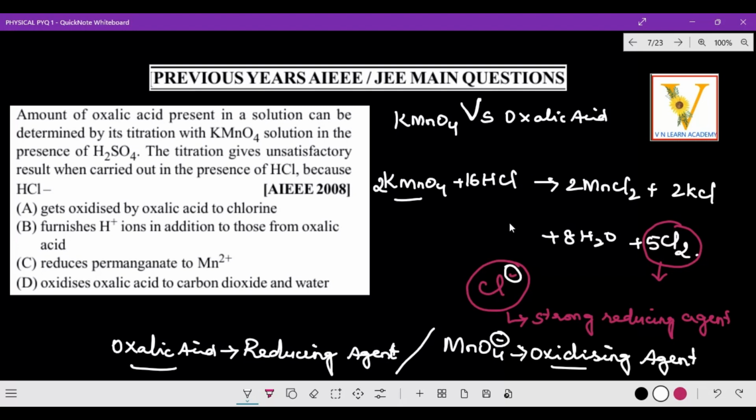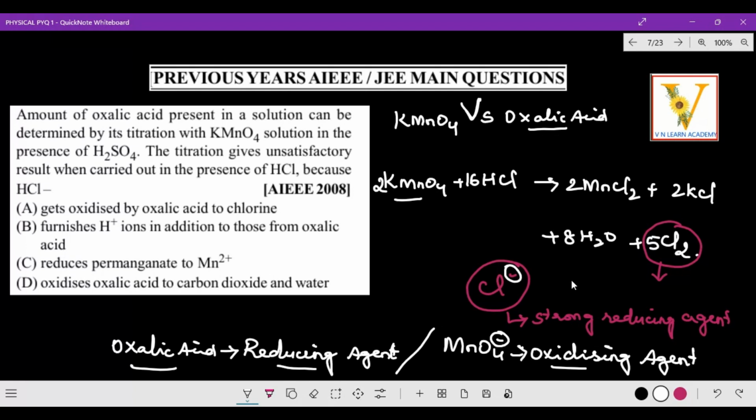Suppose you are using HCl, in that the Cl minus ion acts as a strong reducing agent. Of course, MnO4 minus is a strong oxidizing agent, and this is a strong reducing agent. In the KMnO4 versus oxalic acid titration, oxalic acid is a reducing agent. So MnO4 is the oxidizing agent, oxalic acid the reducing agent.